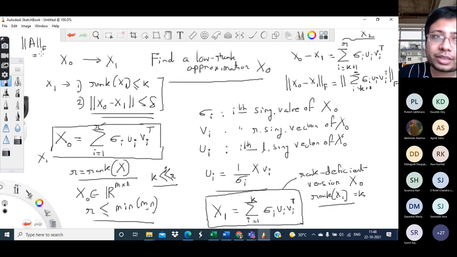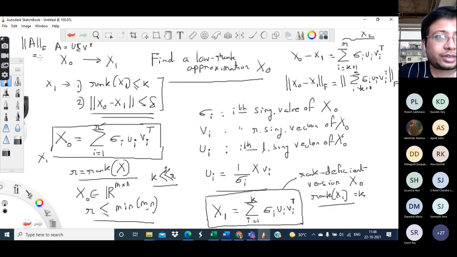Do you remember what that result was? If any matrix A can be written as U sigma V transpose, then the Frobenius norm of A is equal to what?